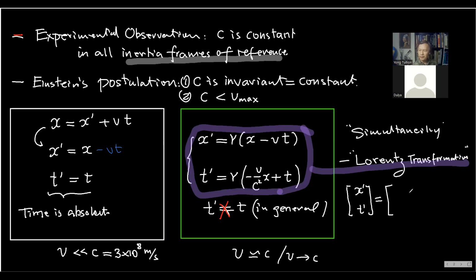The matrix has 4 elements. Can you see A, B, C, D, or we can say A, B, F, G, up to these 4 elements. Have you studied matrices? Do you know how to work out this product? So this is called T, the transformation matrix, the matrix of transformation.